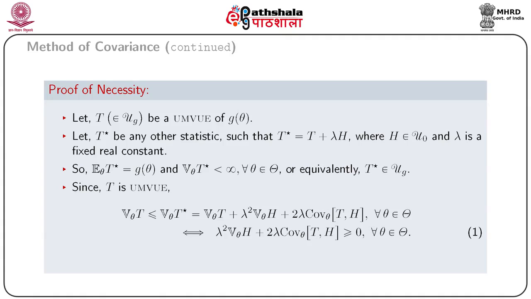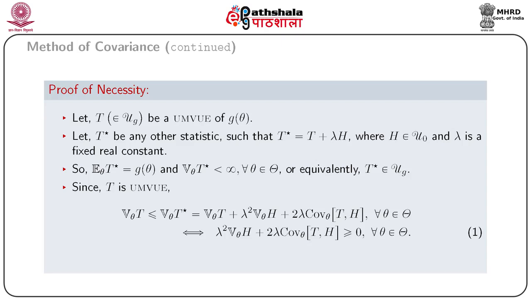Therefore, expectation of T* equals expectation of T plus lambda times expectation of h, which is equal to g(theta) for all theta, which implies that T* belongs to U_g. Since T is a UMVUE, variance of T is less than or equal to variance of T* for all theta.